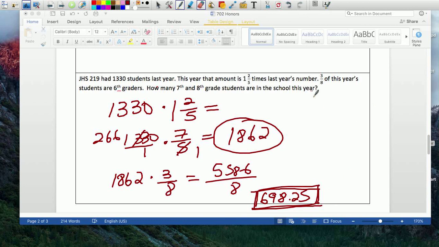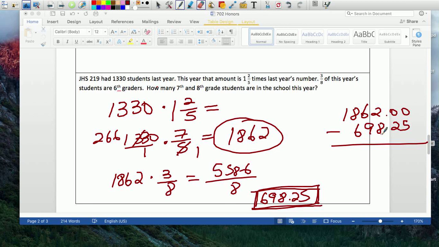Just for argument's sake. And if that's the number of 6th graders, obviously you had 1,862. I'm going to add 2 zeros over here because we're going to subtract the number of 6th graders, right? So the total school population minus the number of 6th graders should give us the number of 7th and 8th graders.